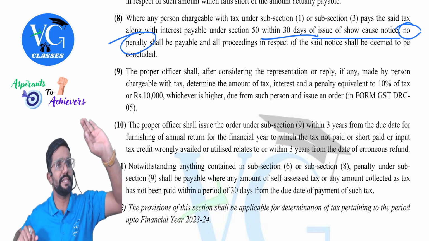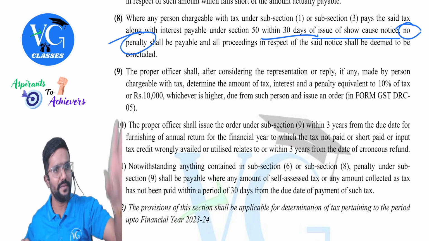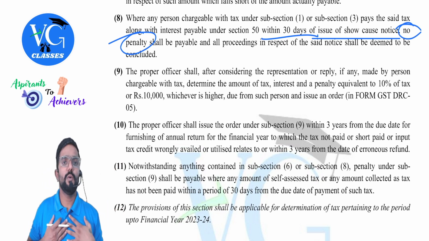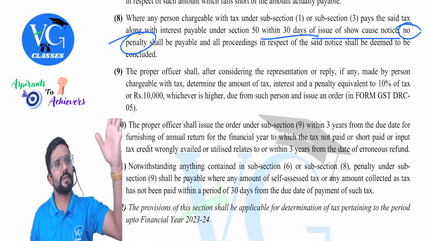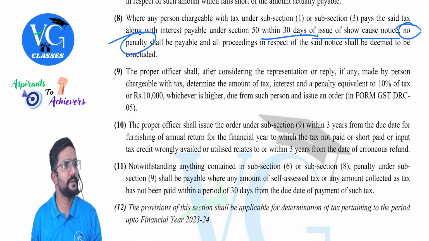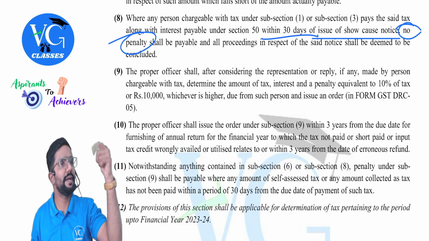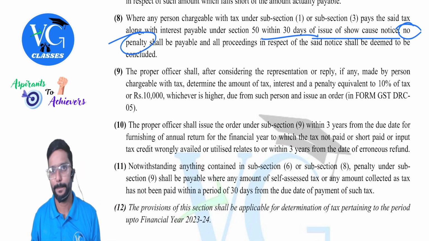Means what they are telling is, listen, sir, notice was given or statement was given. Now, the registered person received it and he paid whatever he is supposed to pay as per this notice within 30 days. In that case, he should pay only tax plus interest.